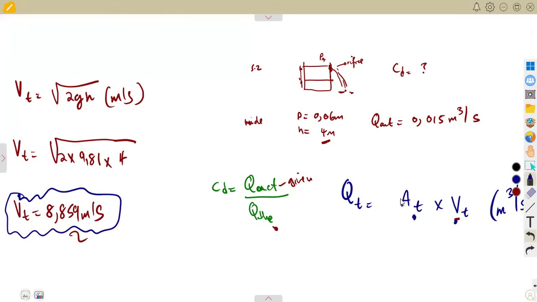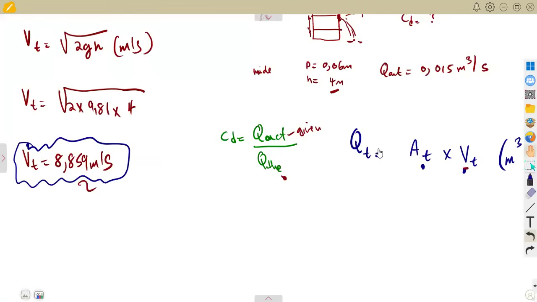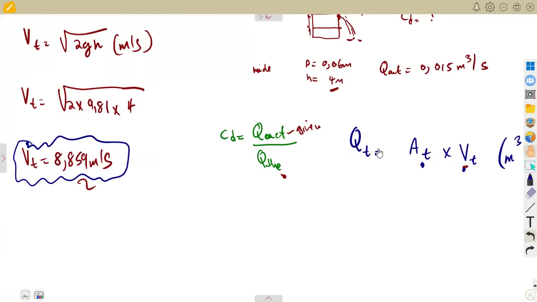Then we also need the theoretical area. The theoretical area is the one that is calculated from the diameter of the orifice. In this case, we're given the inside diameter of the orifice, so we can use this one. AT, the theoretical area, is going to be pi times d squared of the orifice over 4.